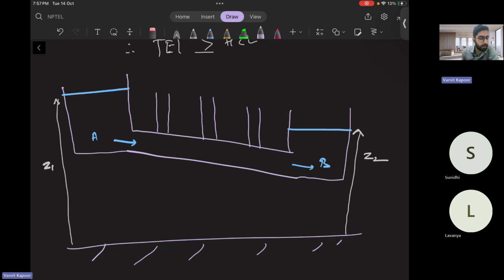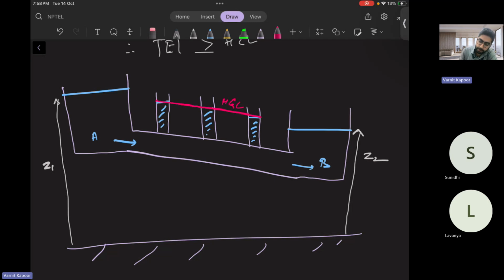Eventually the pressure will be lost because of the presence of losses, roughness, smoothness, or whatever, the major or minor losses. So these are your piezometric head levels. The line joining them is your hydraulic energy line, which tells your piezometric head.